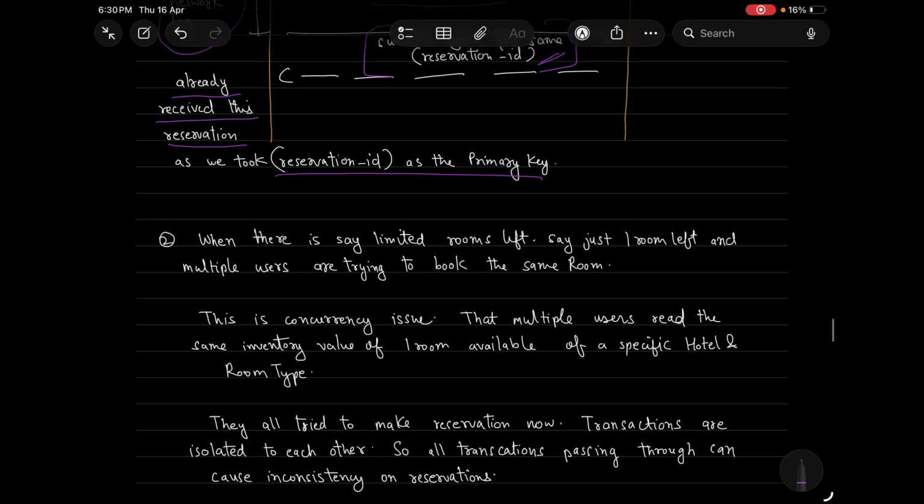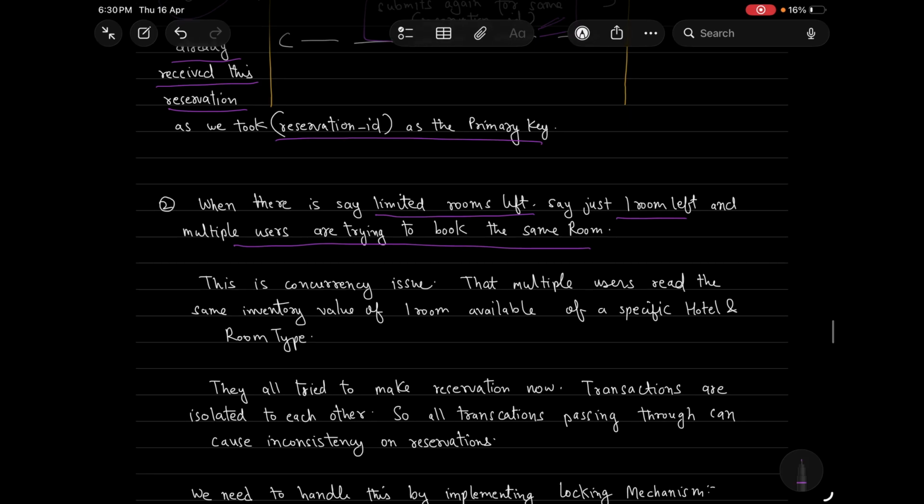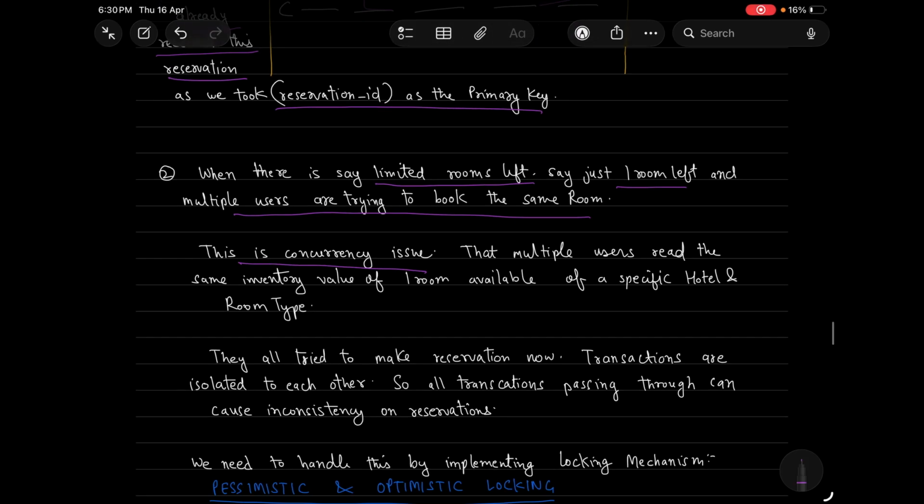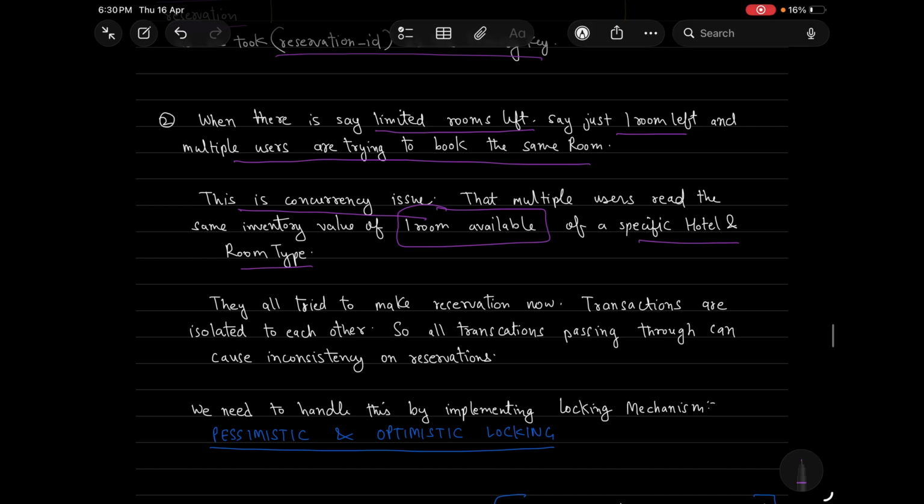The second issue that can come up is when there are limited rooms left, say just one room left, and multiple users are trying to book the same room, maybe on some festive date. This is a concurrency issue: multiple users read the same inventory value of one room available for a specific hotel, a specific room type and a specific given date. They all try to make a reservation because they read the same thing, that just one room is available.